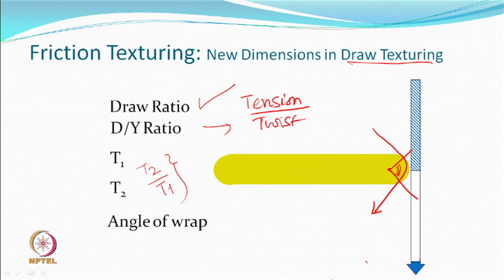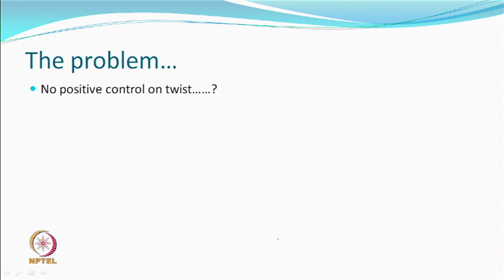You can measure it later, but you cannot have control, because there are other things like T1, T2 controlling, angle of wrap is also controlling, and therefore, you can have different values of twist in the yarn while the D by Y ratio may be the same. Well, of course, when you do optimization. And so, this is the problem with this new system that you have, which is called friction texturing. There is no positive control on the twist.